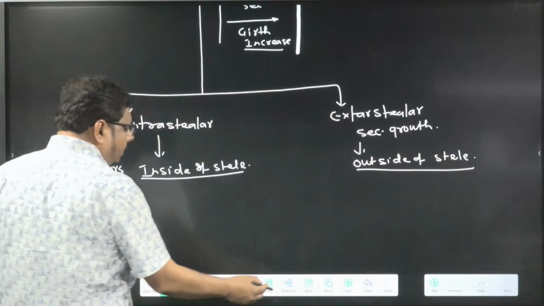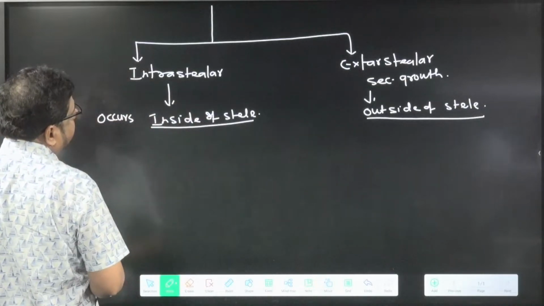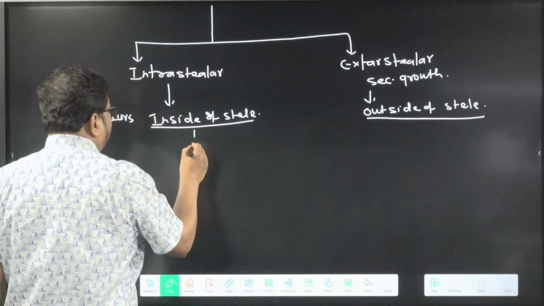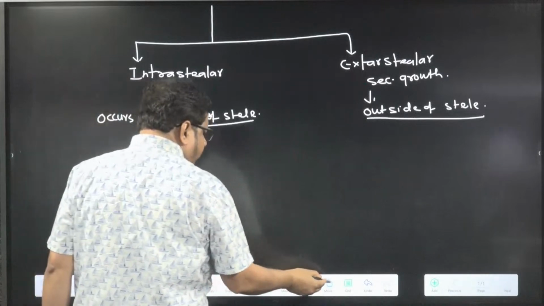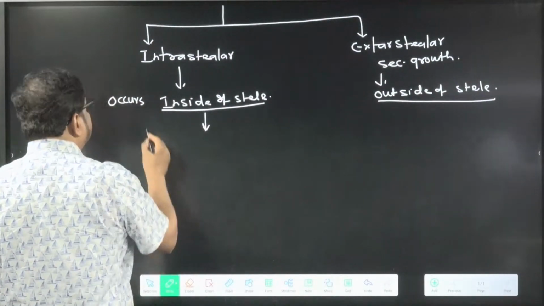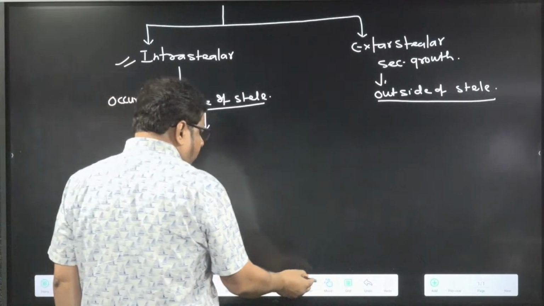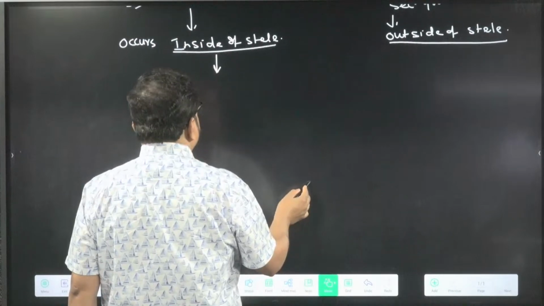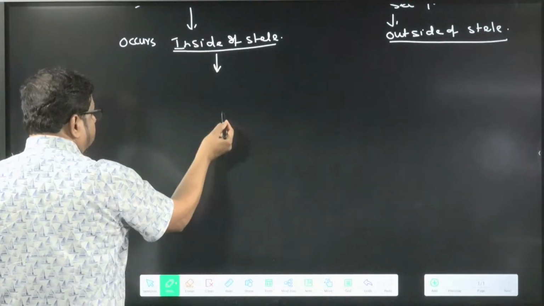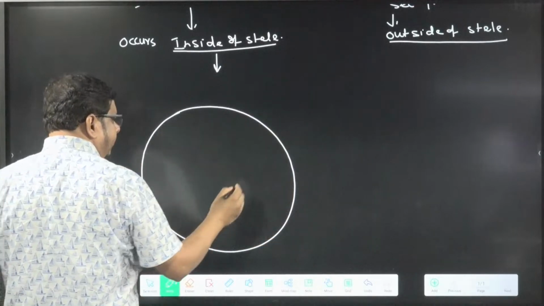So if we talk about intrastellar secondary growth, look how it occurs. I am going to deal in detail with this one first. How intrastellar secondary growth occurs, I am going to tell you. Have a look here. It is epidermis.